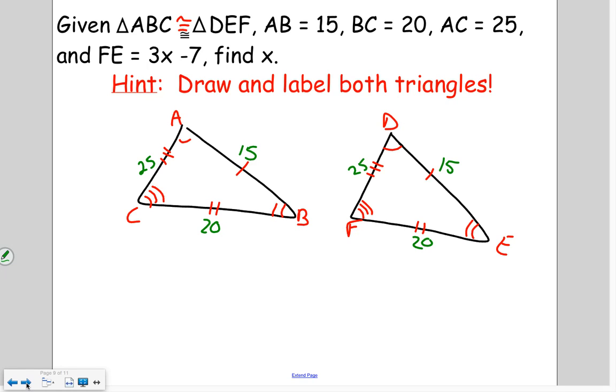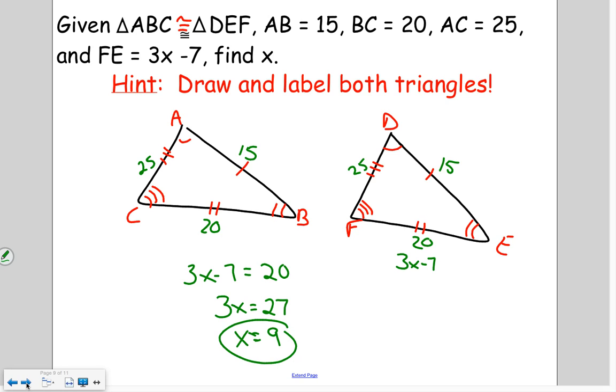FE is 3x minus 7. Well, that sets up our equation. 3x minus 7 equals 20. Add 7 to both sides and divide by 3. X equals 9.